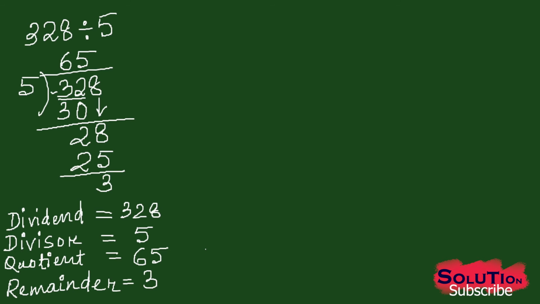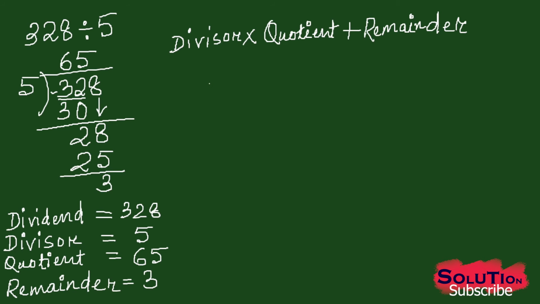So now let us check the division algorithm. So let us multiply divisor and quotient. Divisor is 5, quotient is 65 and the remainder is 3.